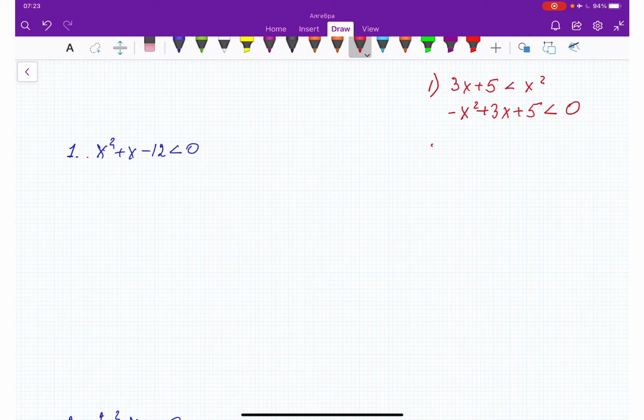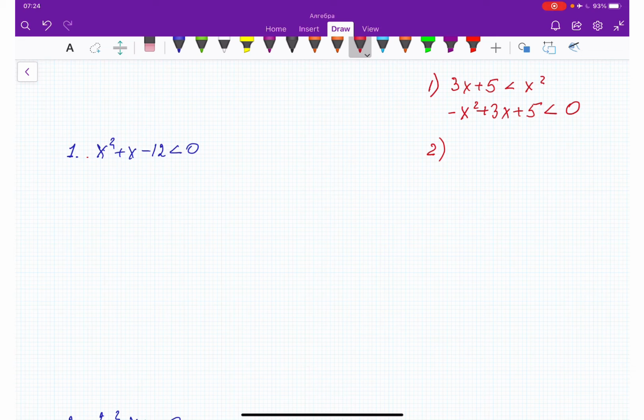Rule number two. If you multiply both parts of an inequality by some number, or divide, as a matter of fact, by a positive number, it does not affect the sign of the inequality. So let's see.